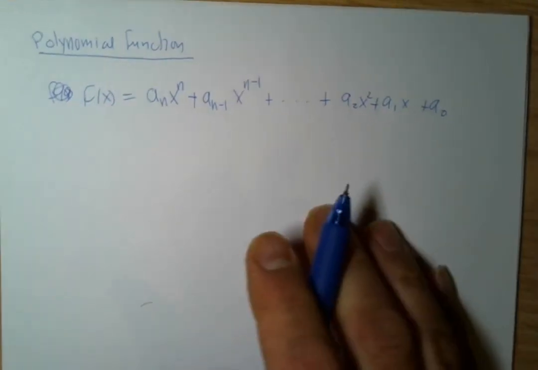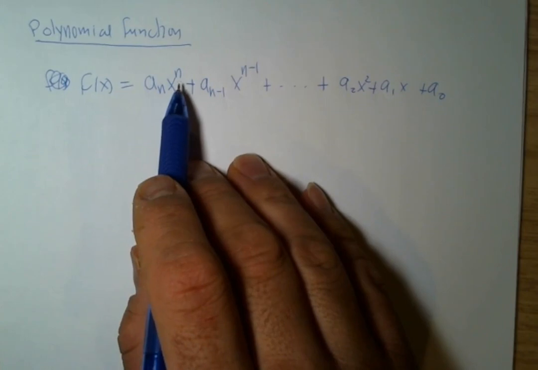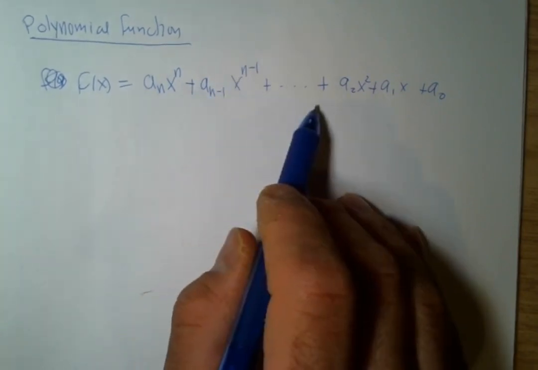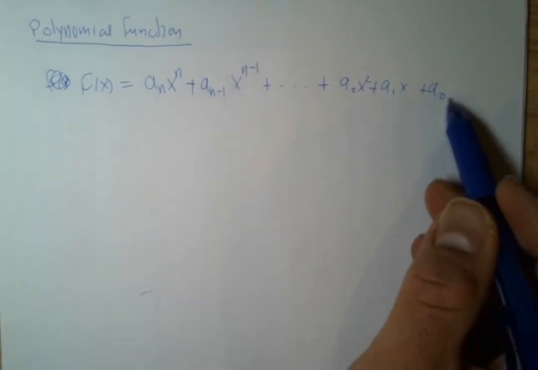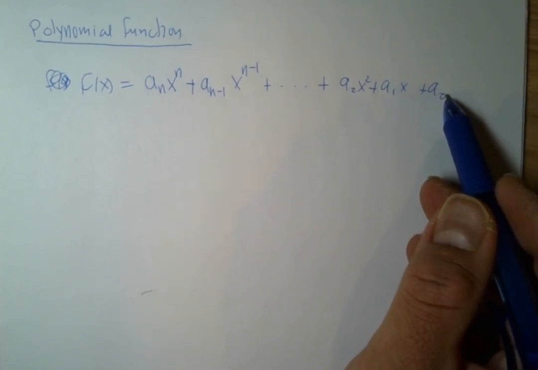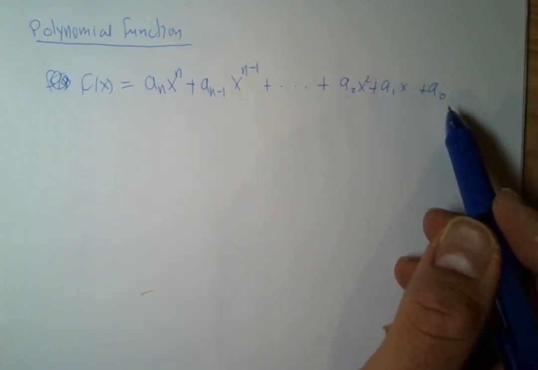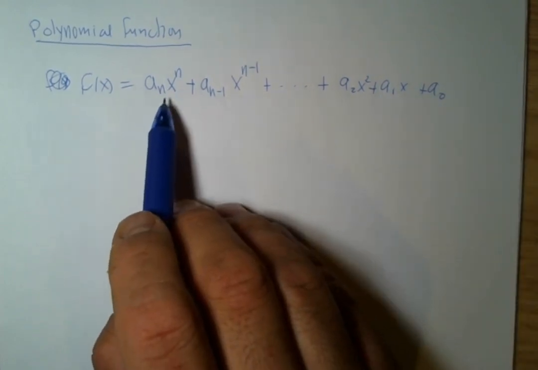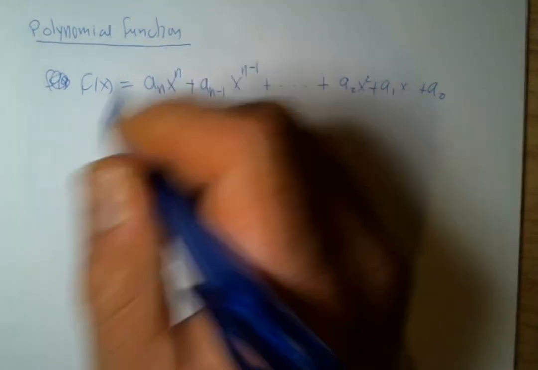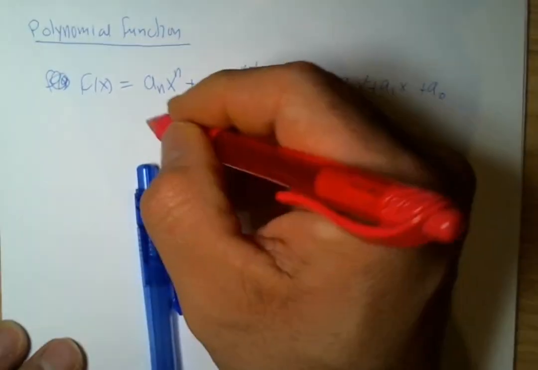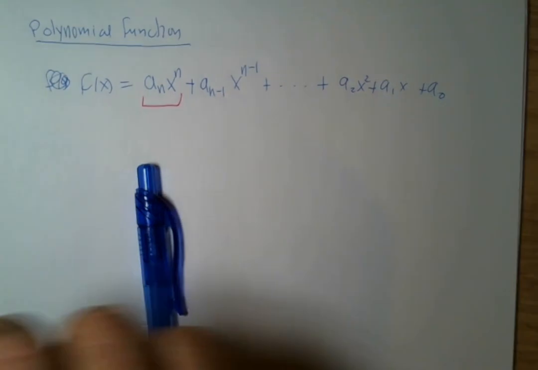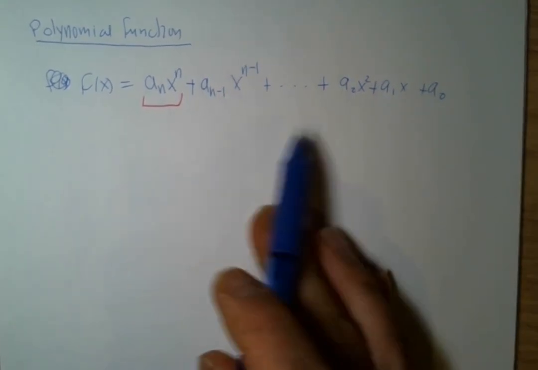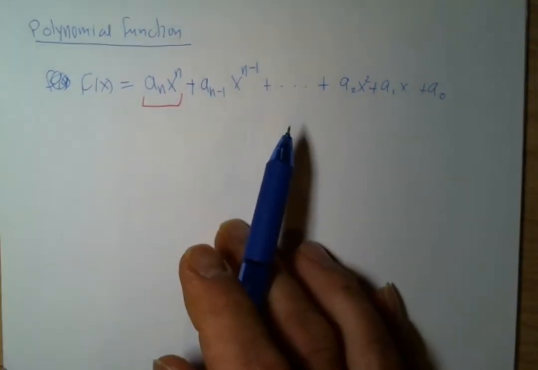You see the general pattern: the nth power, n minus 1 power, all the way till we get to the 0th power. We can write that as x to the 0, but that would just be 1, so we just leave it off. Each one of these is what we call a term. Each one of these is itself a power function, so we really have a sum of these power functions.